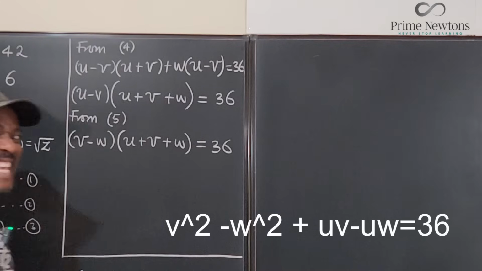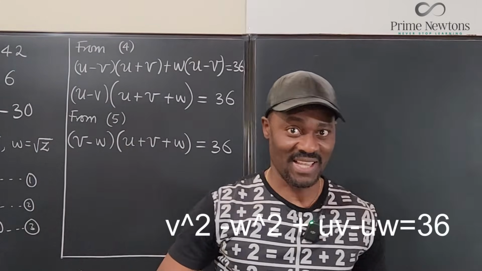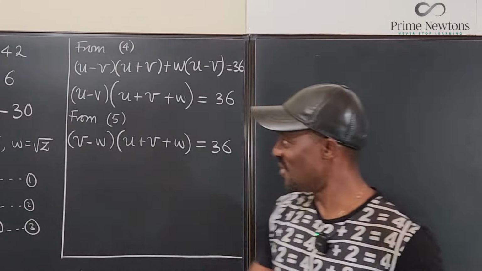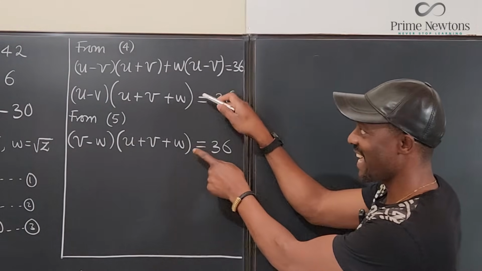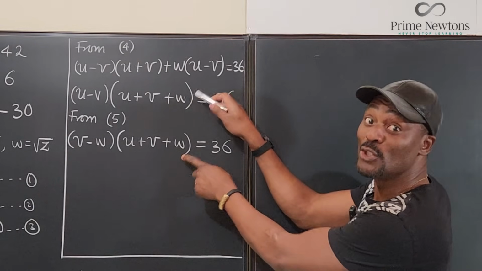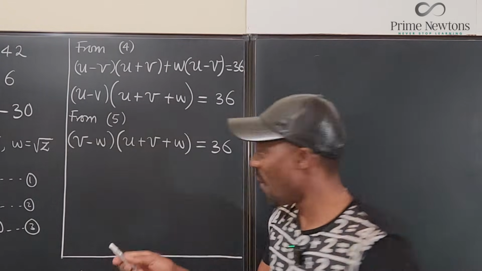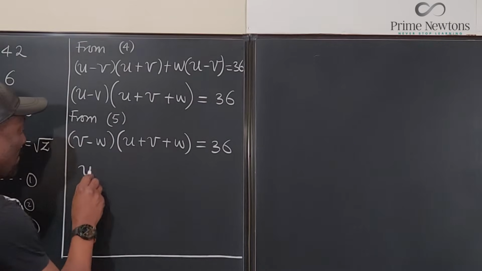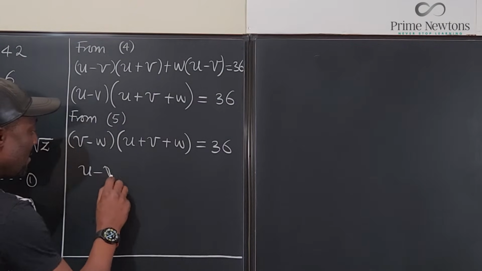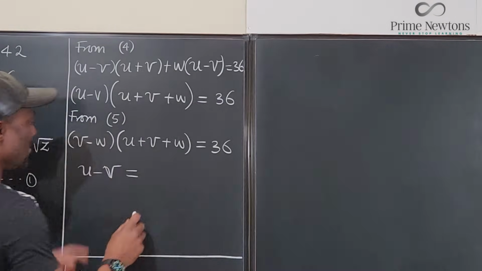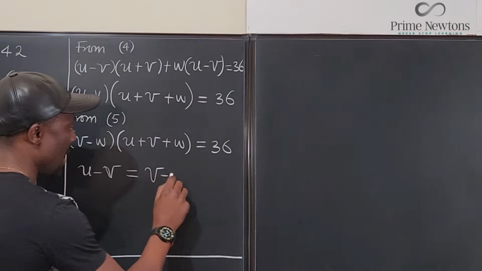Both are exactly 36. Do you see it? So that clearly tells you that this and this are the same. So I can say that u minus v is equal to v minus w.